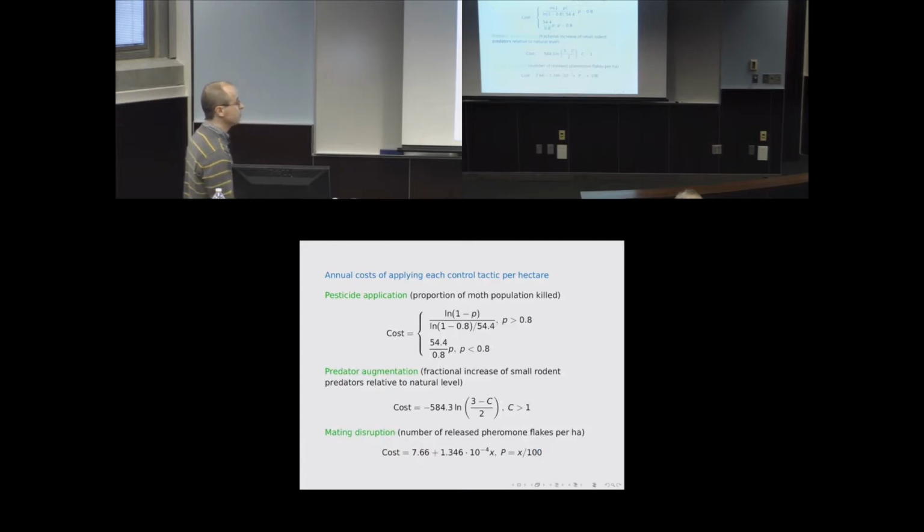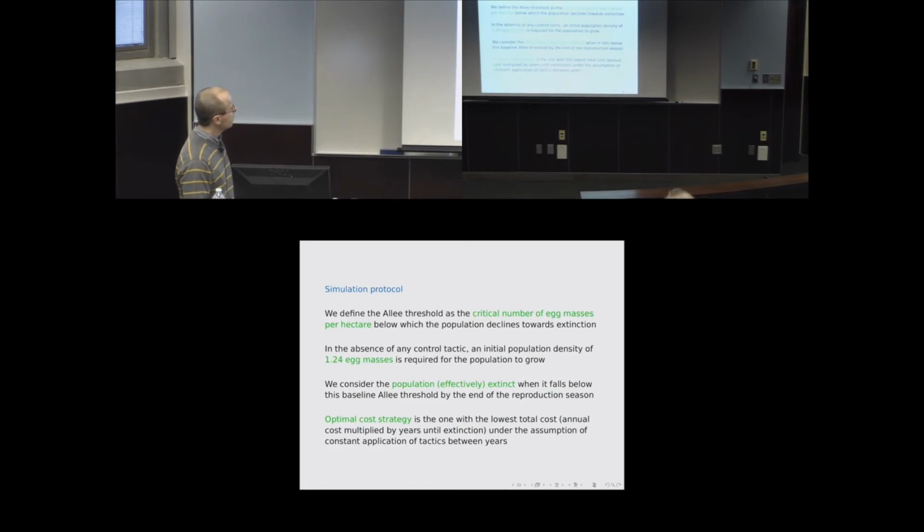And of course, the important part of the model is quantifying costs. Again, I will not go into details, but we were able to quantify costs for all the 3 assumed control measures. And if we now go into simulations, we assume that the Allee threshold is defined as a critical number of egg masses per hectare.